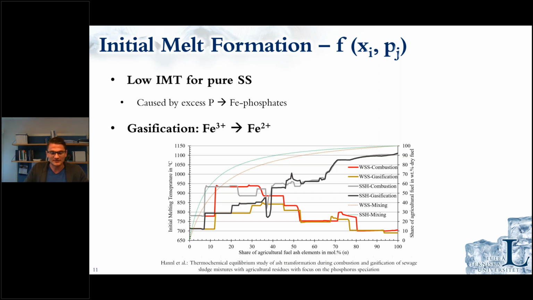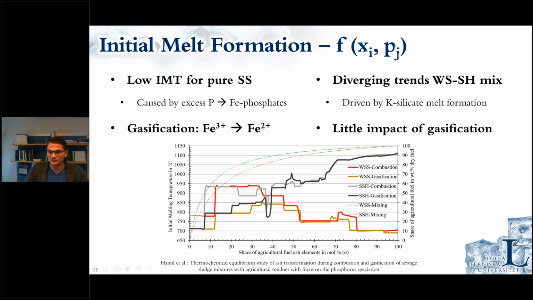So we have the potential to create iron phosphates. And due to the gasification, we change the iron state, which then creates lower melting compounds in there. So we detect a very low initial melt formation for the mixtures that are very high in sewage sludge.